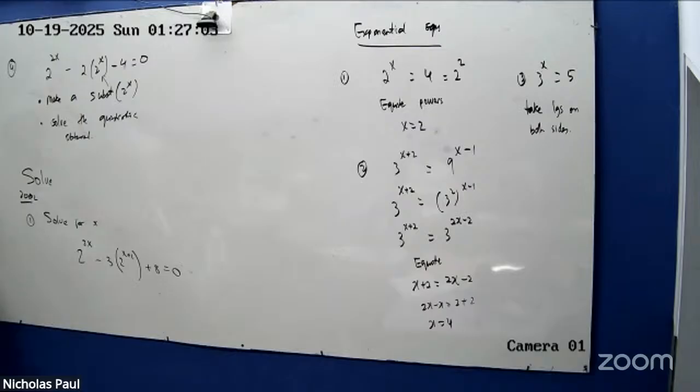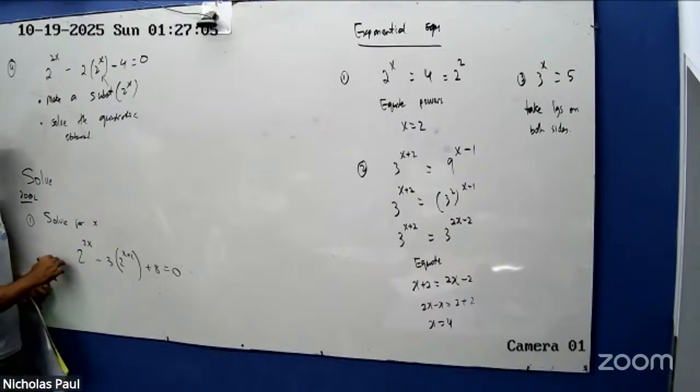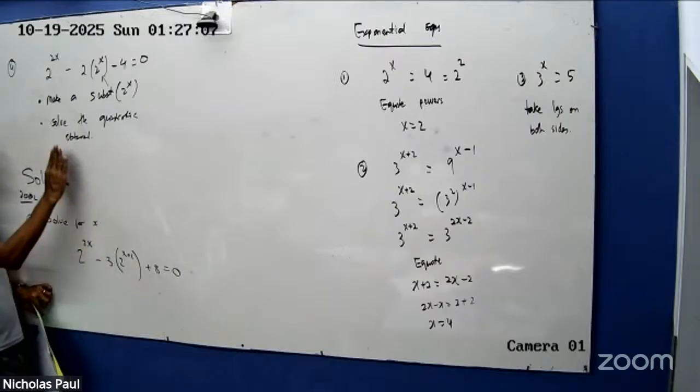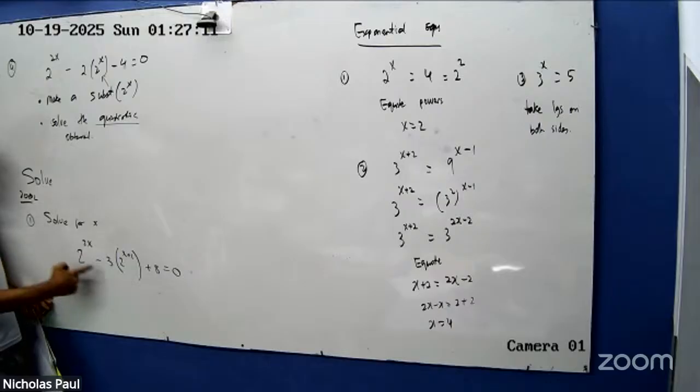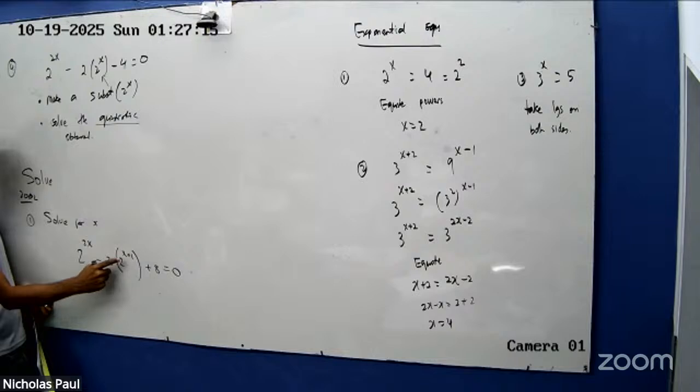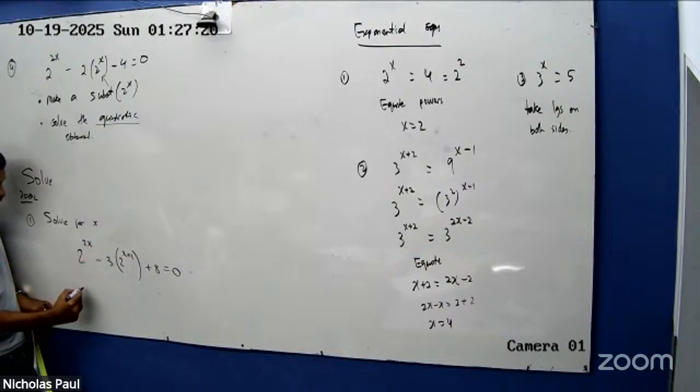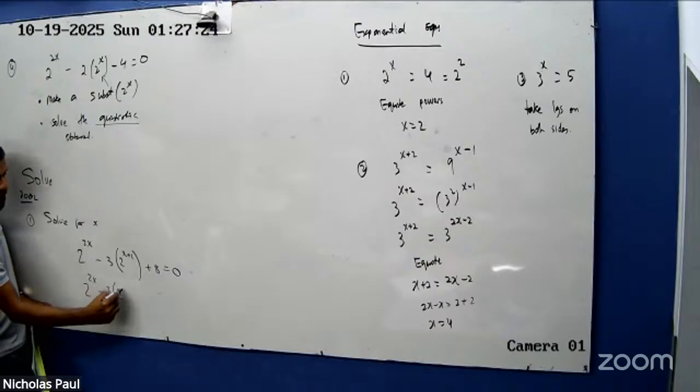The first thing you should do, but by the way, three terms means it should be a quadratic. Before you make a substitution, simplify this a little bit. What does plus mean again? Plus means multiplied. So it will be 2 to the 2x minus 3 by 2 to the x multiplied by 2 to the 1.